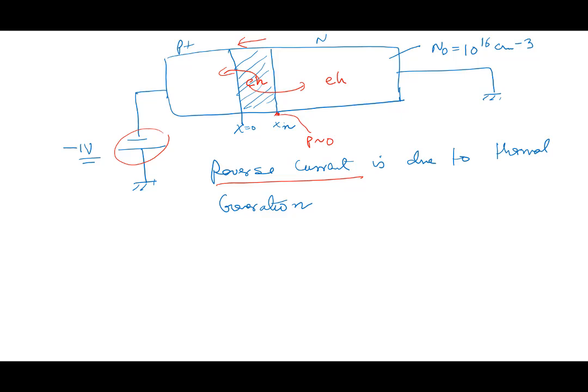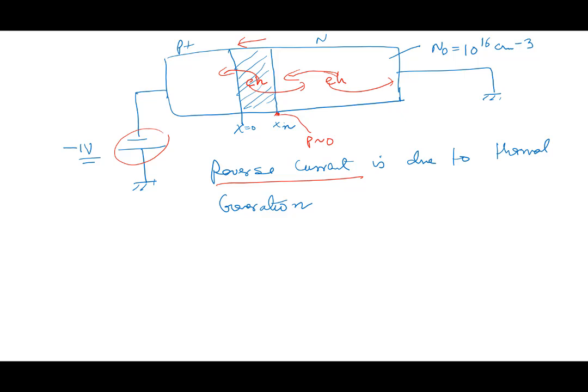So the holes start moving into that particular region, because you've created a place where hole density is almost equal to 0. It establishes a gradient. So here also an electron hole pair is generated, the hole goes here, the electron goes here. So two sources of reverse current are there.